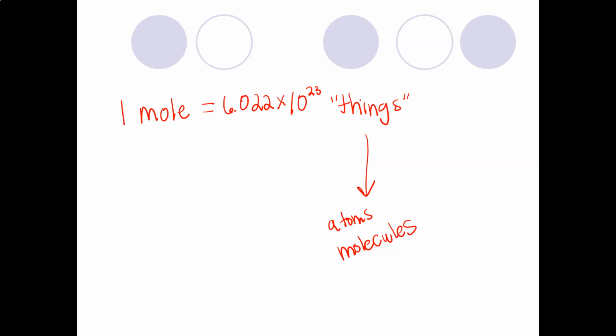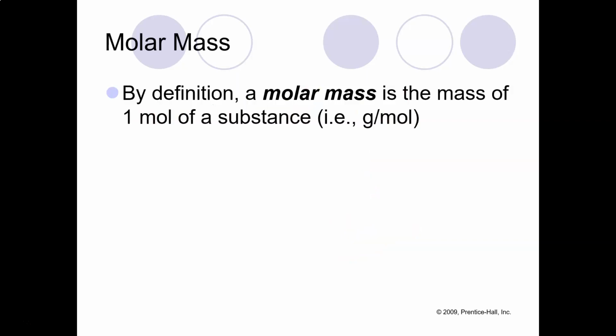I mentioned in the last video, mole doesn't have to just apply to atoms and molecules. It's just that this number, 6.022 times 10 to the 23rd, is giant. So we don't have that number of larger items. So it's things that are microscopic, things that are smaller than our eyes can see, that we typically use this to group them. So that's awesome.